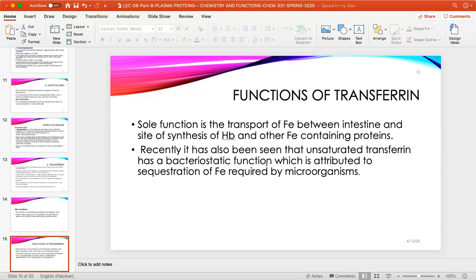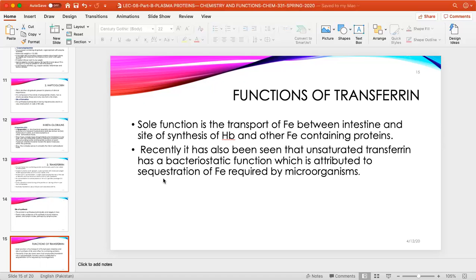A bacteriostatic function is that of a biological or chemical agent that stops bacteria from reproducing. And this is attributed to sequestration of iron required by microorganisms.